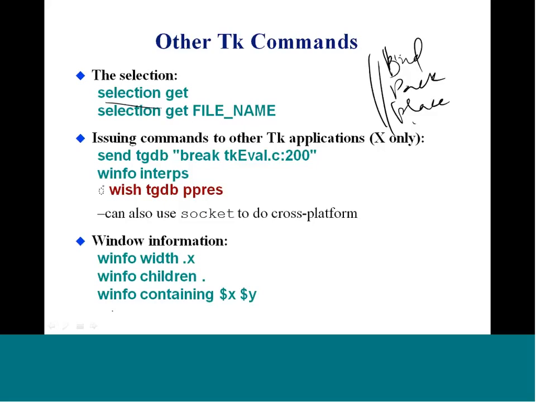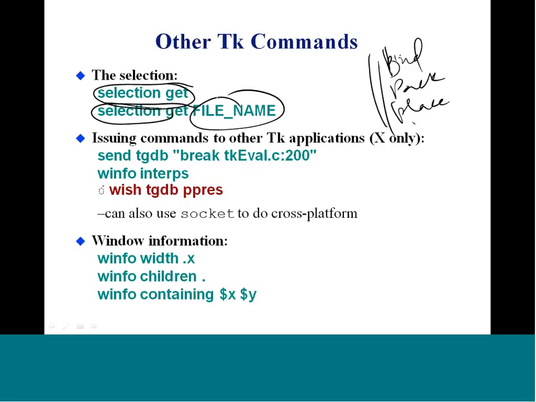Okay, so usually selection get goes hand in hand. Basically, selection get returns the value of the current selection. So here, selection get file name returns that file name as the value.